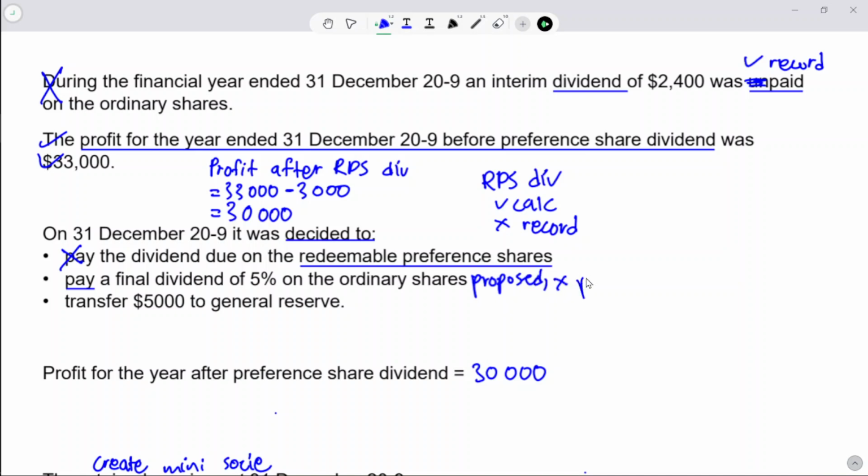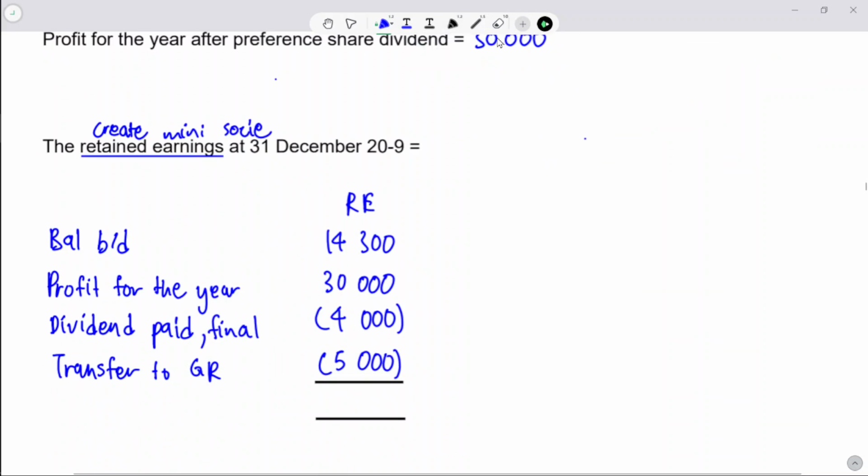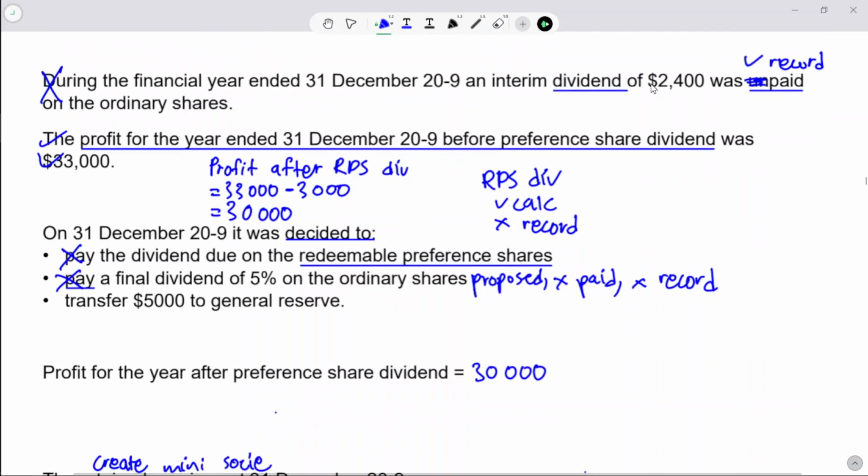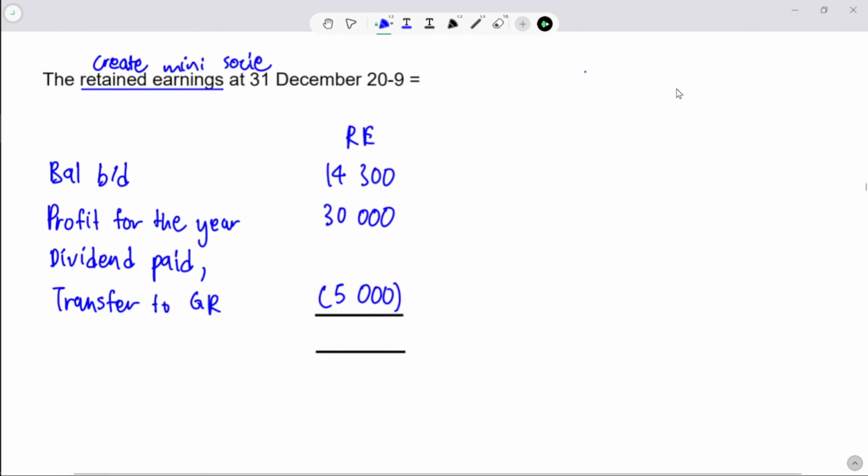So it's not paid. So don't record. So we actually don't record the final. Instead we will record the interim dividend of 2,400. So add up together you get 36,900.